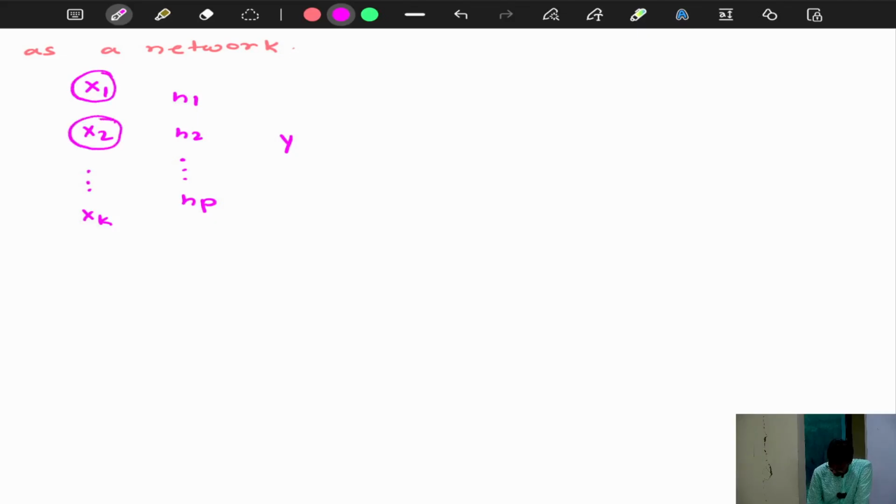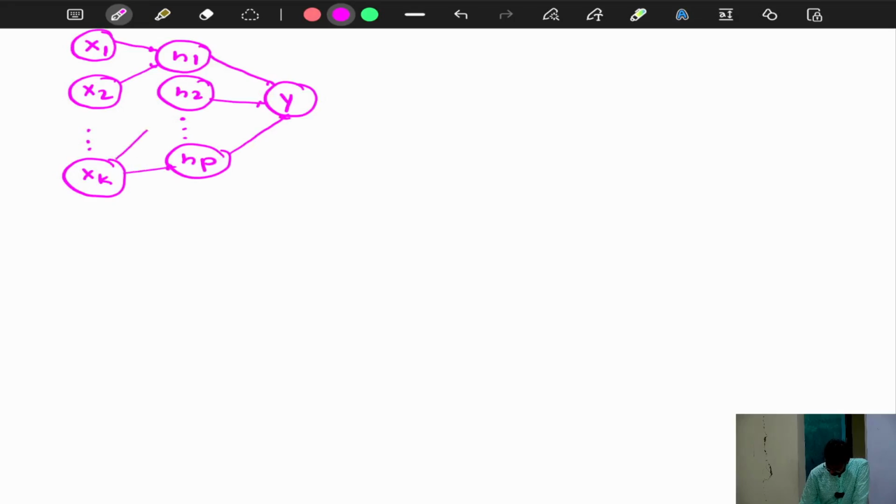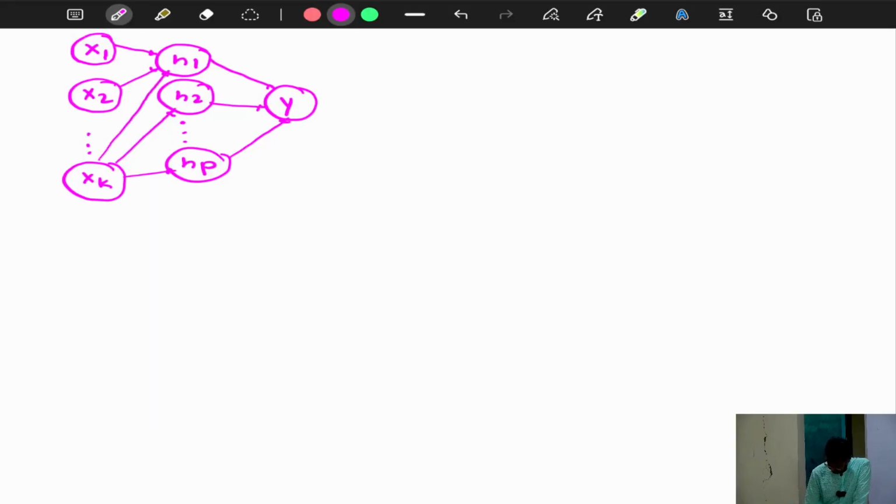Then I circle it, and then I connect it. So, this is more or less my neural network.